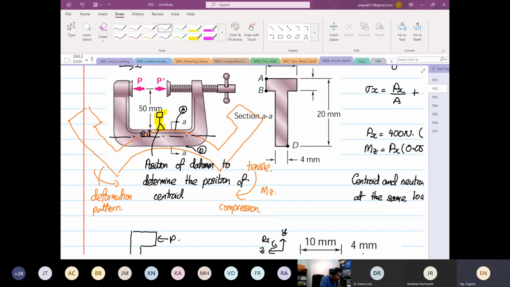If we were to pick our datum from the bottom, I'm going to call this distance EB, the bottom.